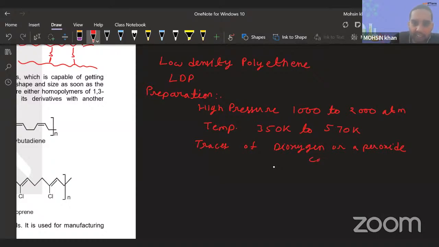You can say these are the catalysts. And the mechanism of reaction is free radical mechanism, the free radical based mechanism of low density polythene, which we have discussed in the earlier part of the lecture.